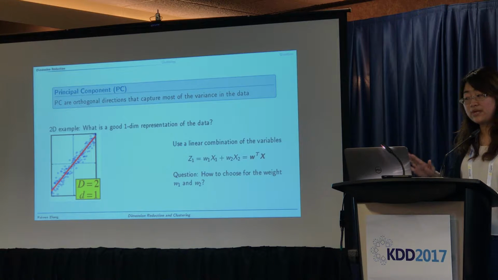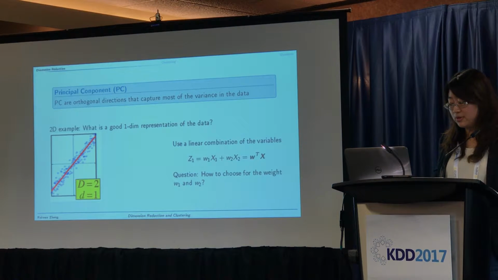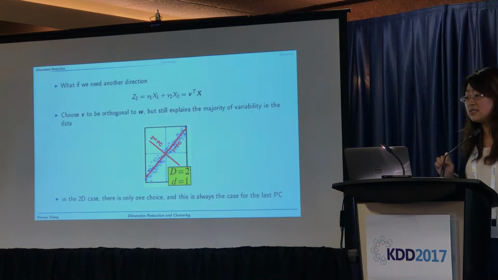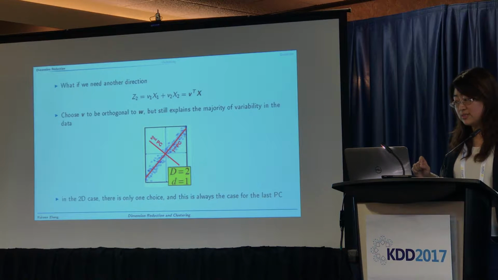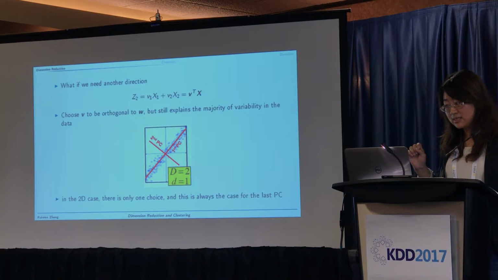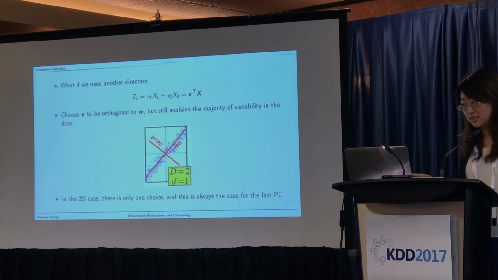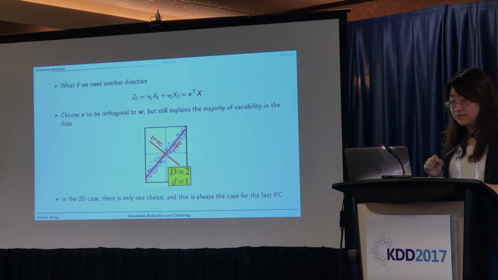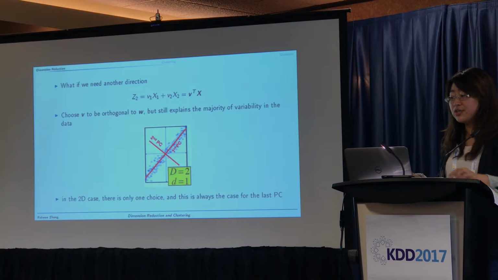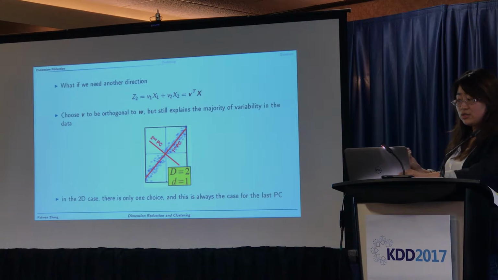And just say we already have the first PC determined, then the second PC is orthogonal to the first PC, and it maximizes the variance among all the orthogonal directions to the first PC. And again, the second PC can also be written as a linear combination of x1 and x2, but projecting onto a new vector v.